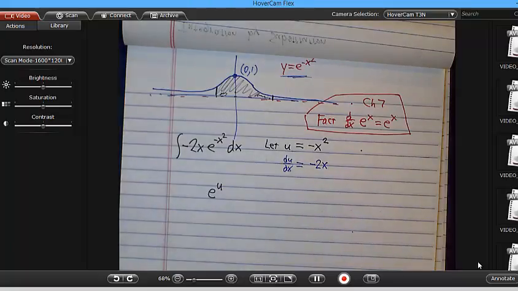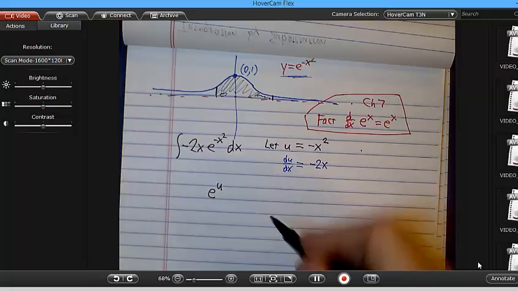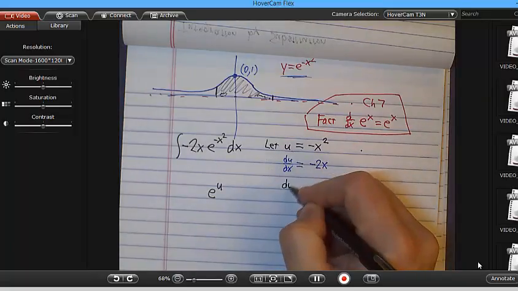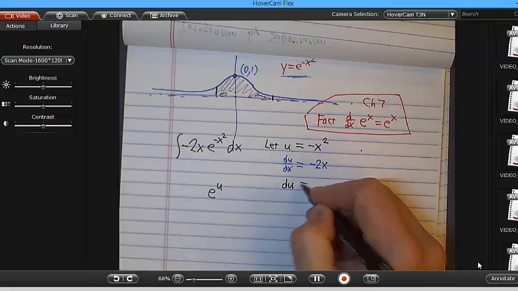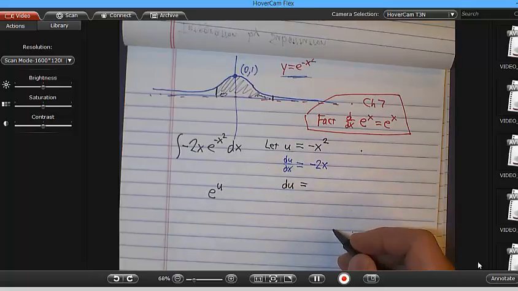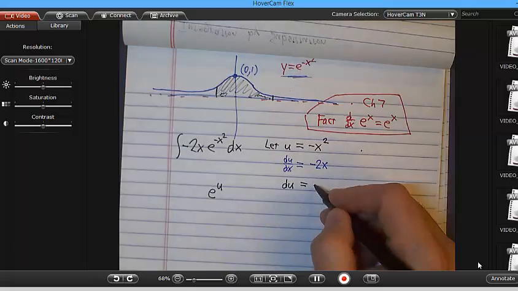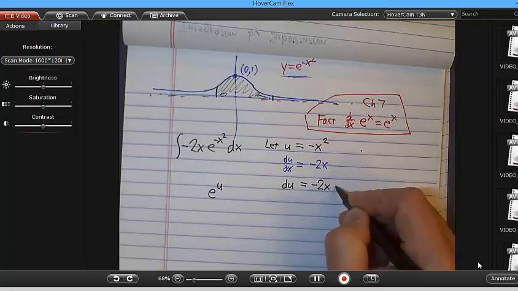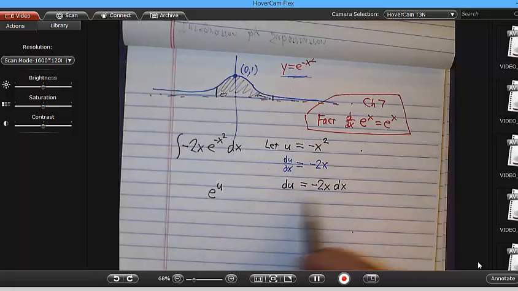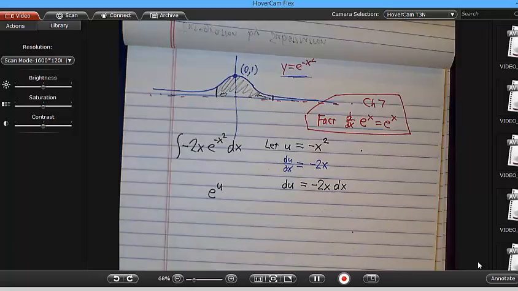Usually what I do is I write that equation in differential form. We did that in Chapter 4, Section 5. We'll write it this way: du, that differential, is equal to negative 2x dx. Does that make sense to you guys? That's the differential form of the blue.